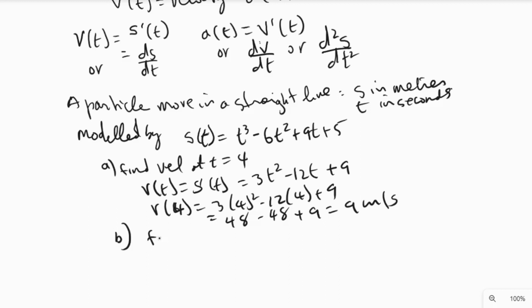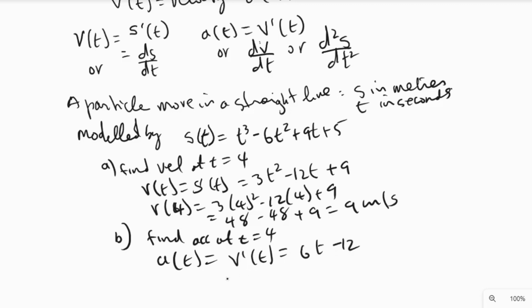Find the acceleration at t equal to 4, which means acceleration is the derivative of velocity, which is equal to 6t minus 12.